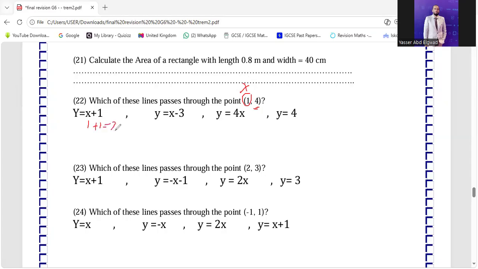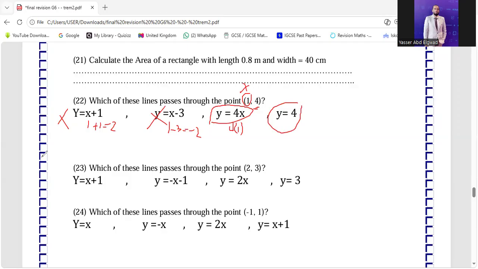Here is not correct. The next one, put 1: 1 minus 3, we get negative 2, not passing also. The next one, no. The next one, 4 multiplied by 1, we get 4. Yes, here is passing through. And the next one, y already equals 4, so passing through the point (1, 4).